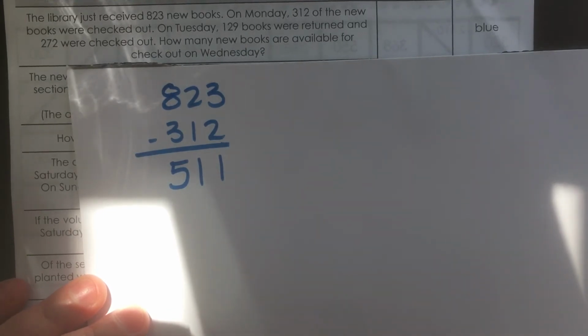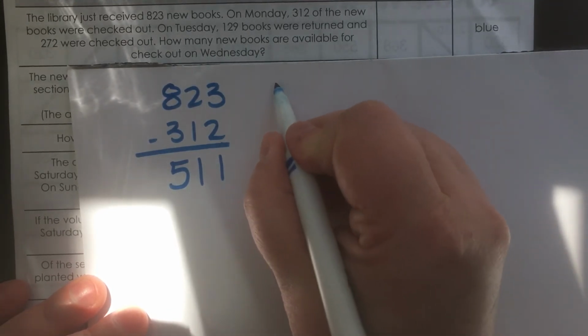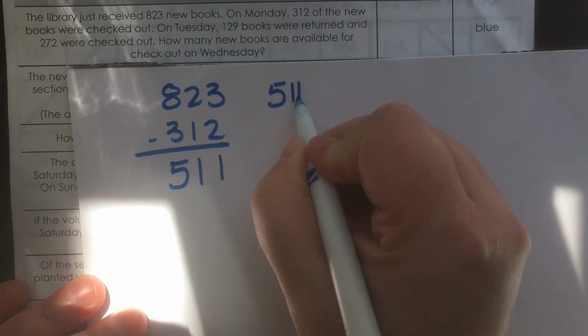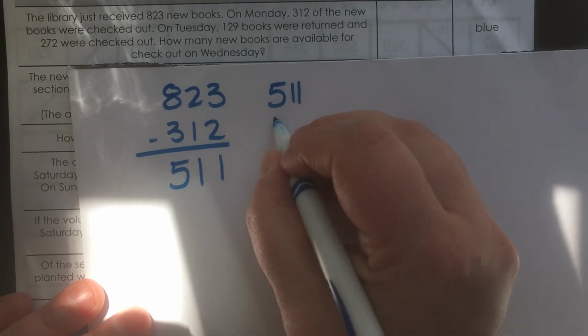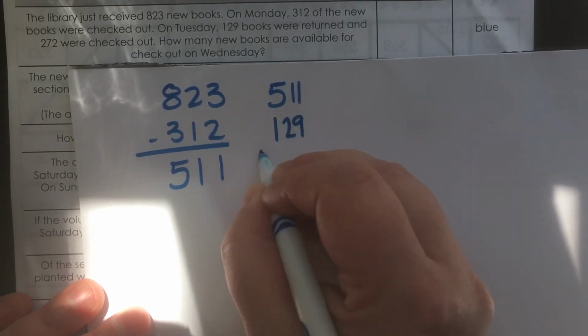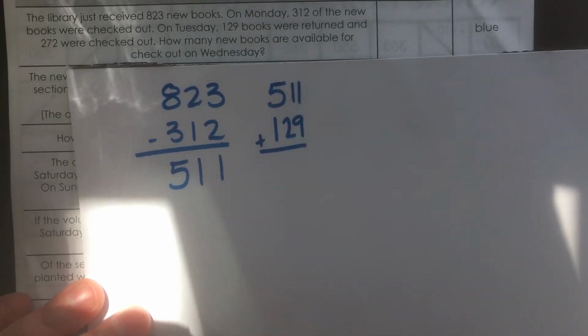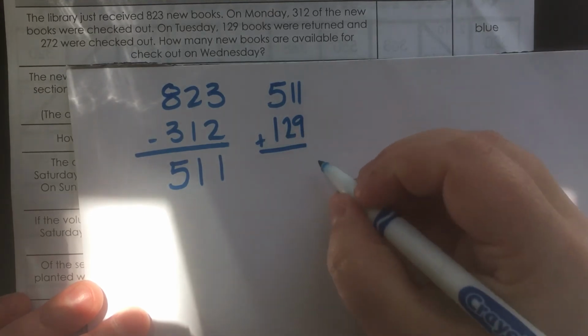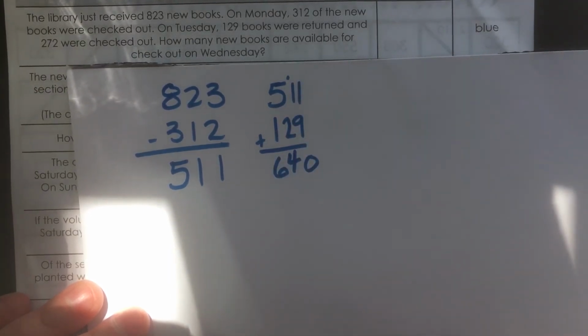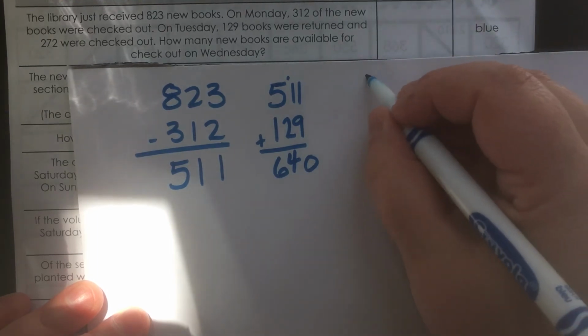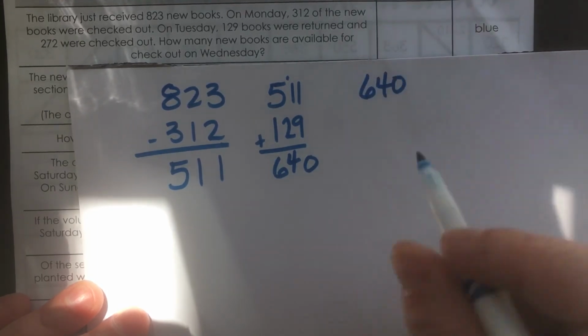Now it says on Tuesday that 129 books were returned. Okay, so we had 511, and they brought back 129 books. So how many books do I have now? All right, so I should have 640 books left.